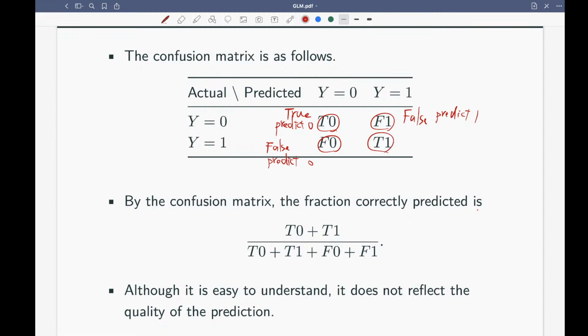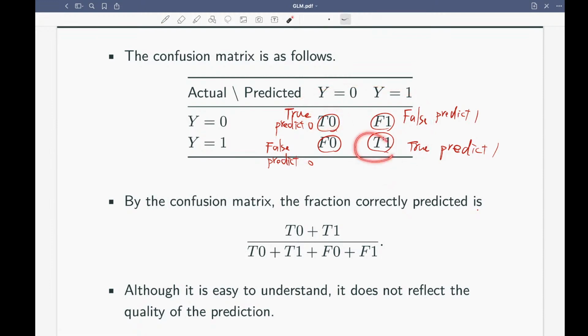T1 means true predict 1. Okay, so this is a confusion matrix. By the confusion matrix, we can calculate the fraction correctly predicted. The numerator is the correct predictions, and the denominator is all terms.